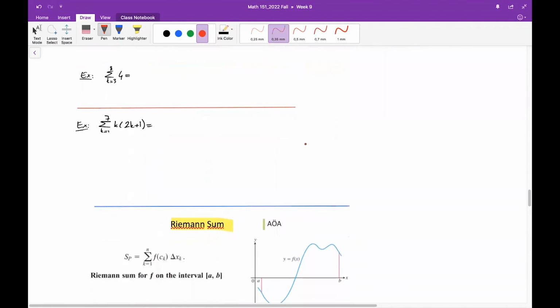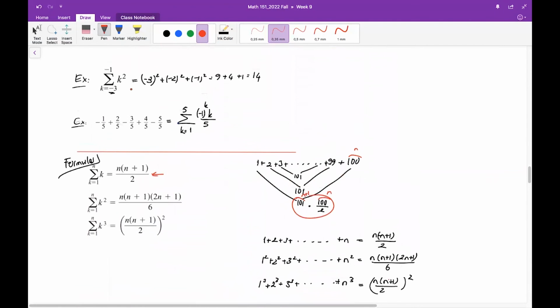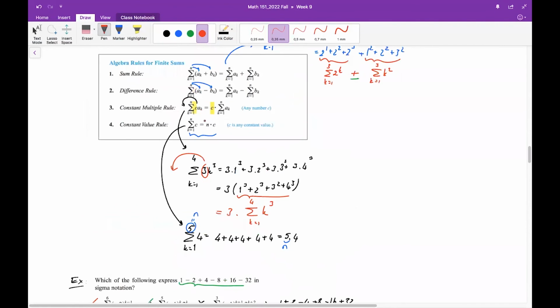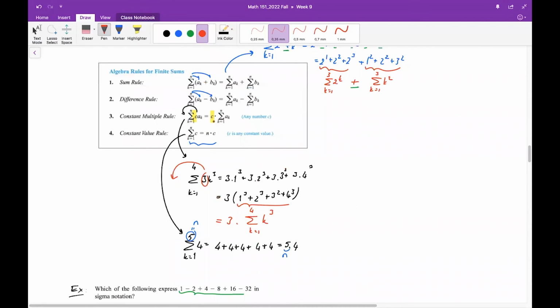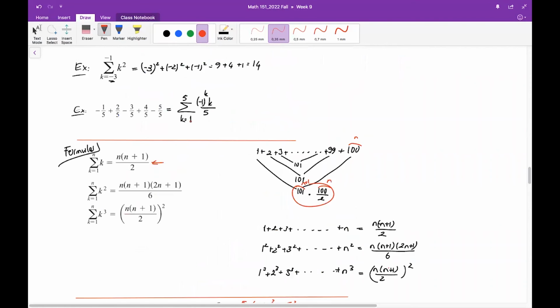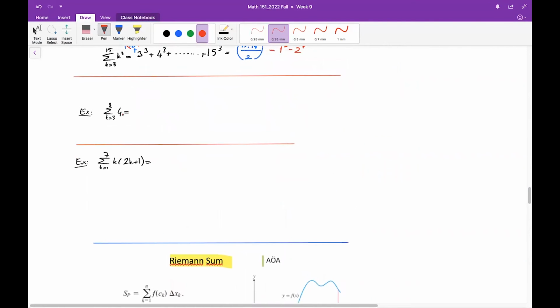Okay, let's move on. This is another sigma sum, and we will be using this property of sigma sum. We are summing up constants from 1 to n, right? So we are summing up 4s. How many times? For each k index, you write 4, nothing but 4.